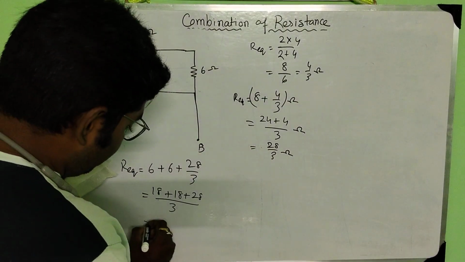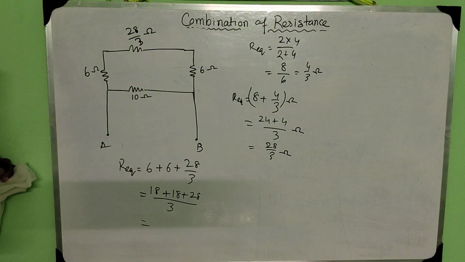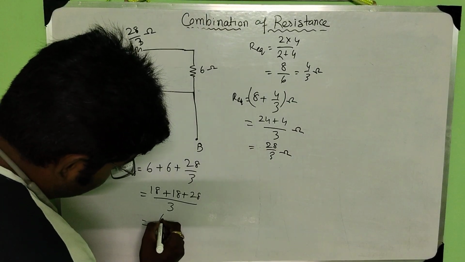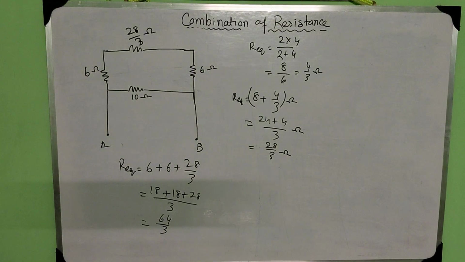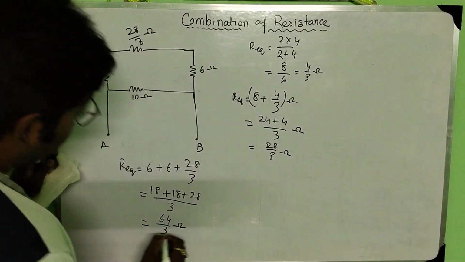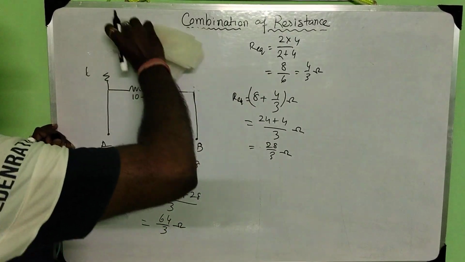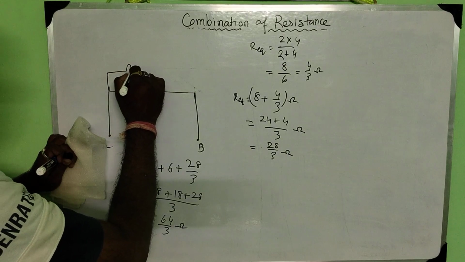That means 36 plus 28, that is 64 by 3. So this is the equivalent resistance for these 3 resistances.